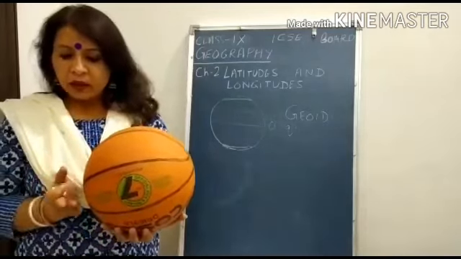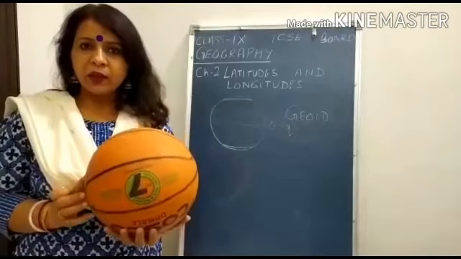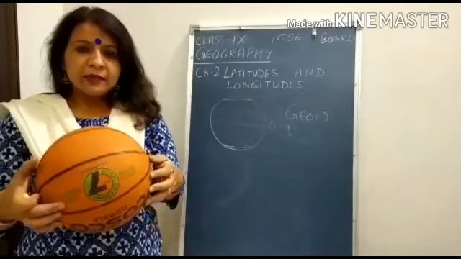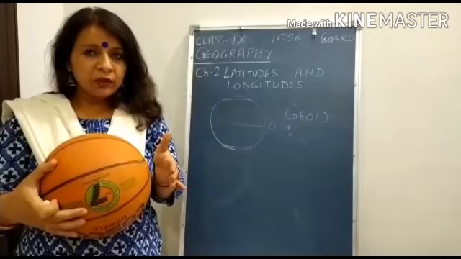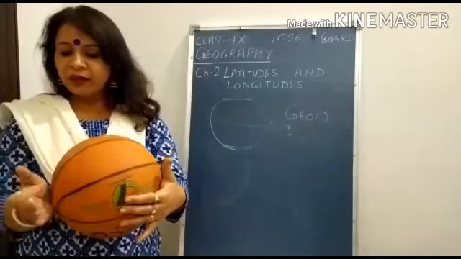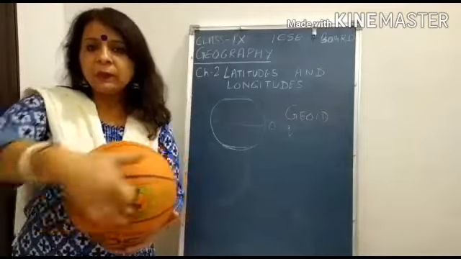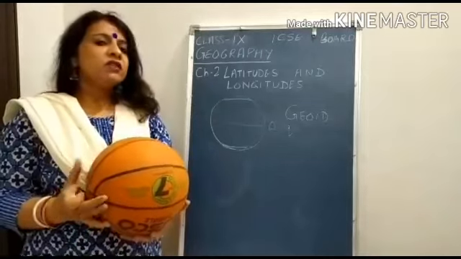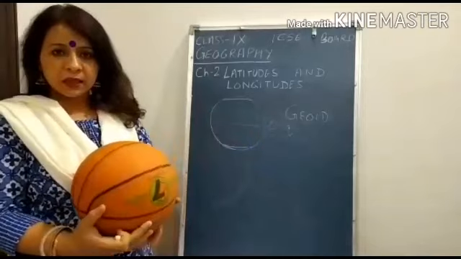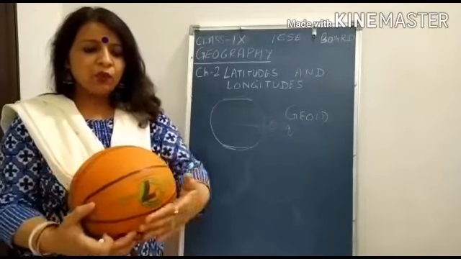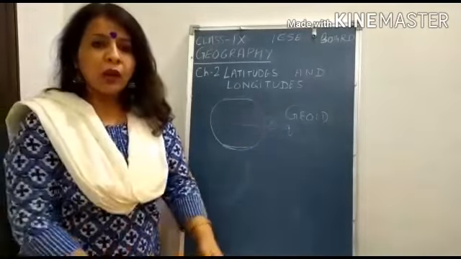Yes, definitely some portion of this part will move outside. The middle portion, the 0 degree equator, which is also called a great circle, will slightly move outside from the whole part.